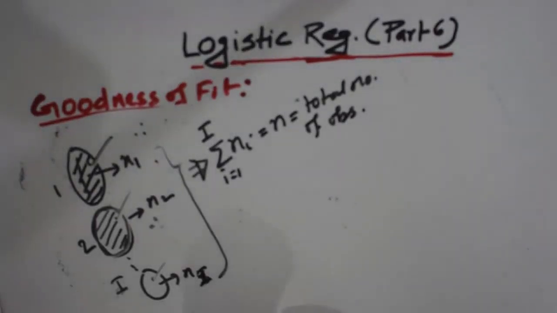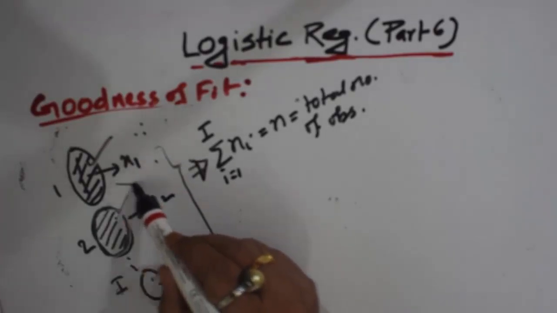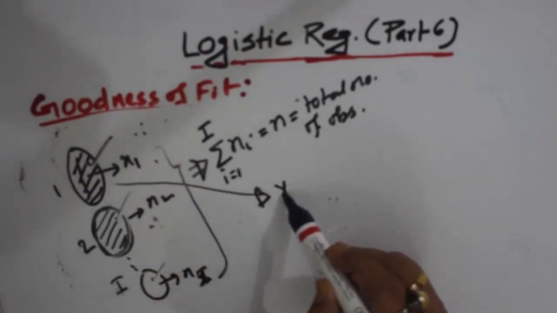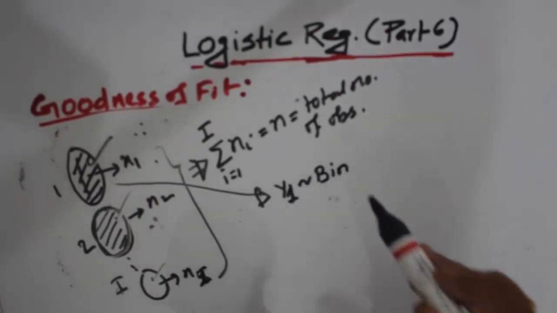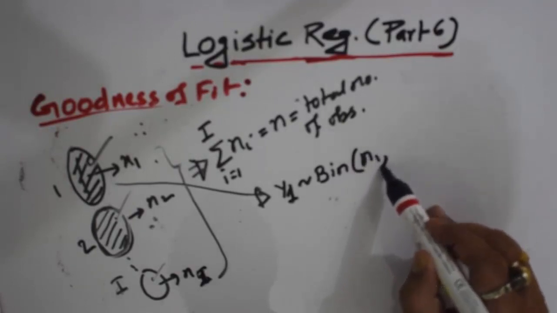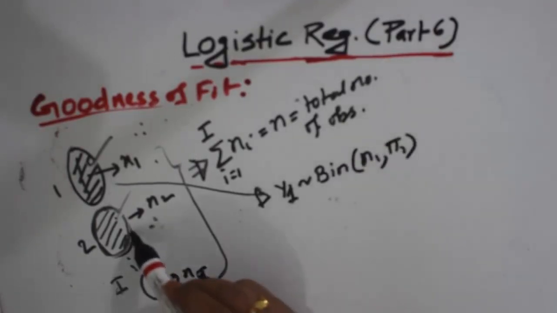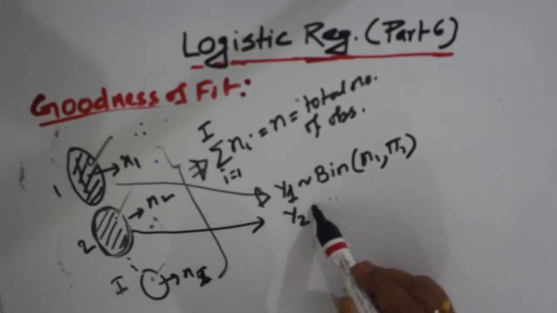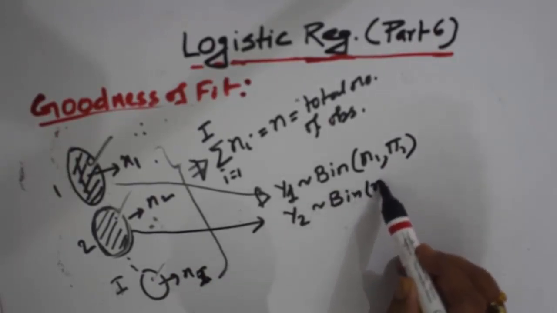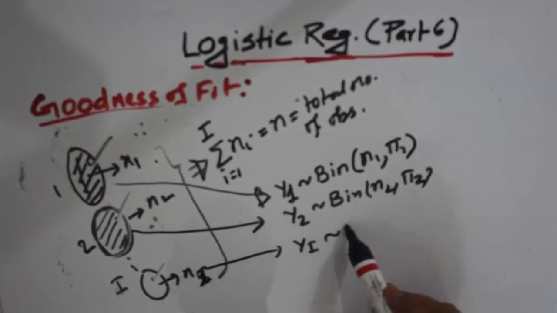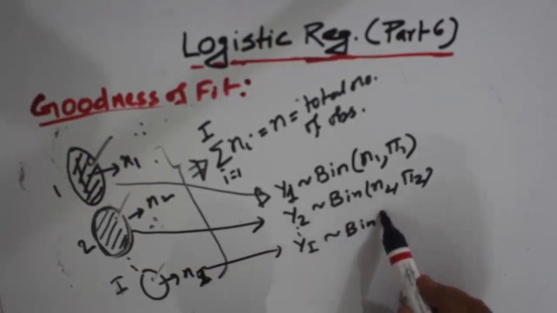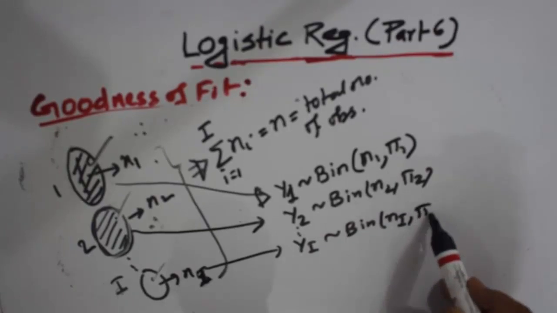Therefore, suppose the underlying data are actually made up of I binomials, that is, y1 follows binomial n1 pi 1, y2 follows binomial n2 pi 2, and yi follows binomial ni pi i.